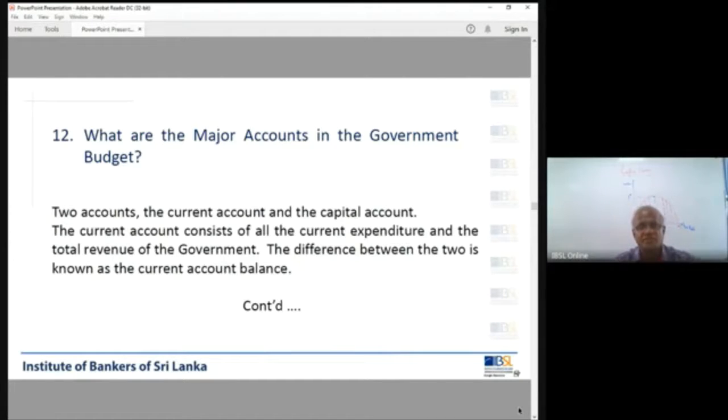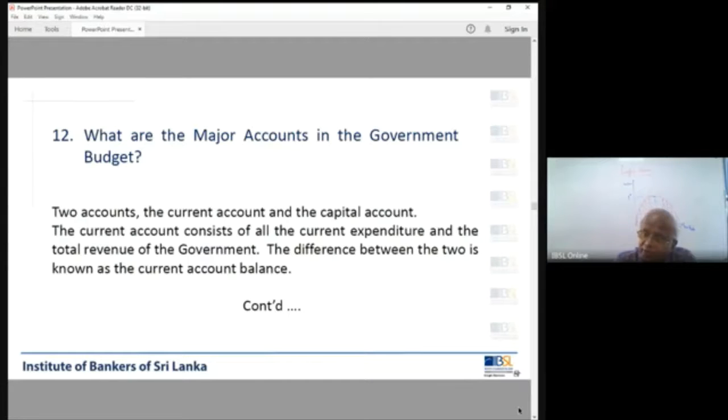The current account consists of all the current expenditure and the total revenue of the government. The difference between the two is known as the current account balance. Within brackets, take down that it is called government savings, or public savings. Government savings, current account balance.